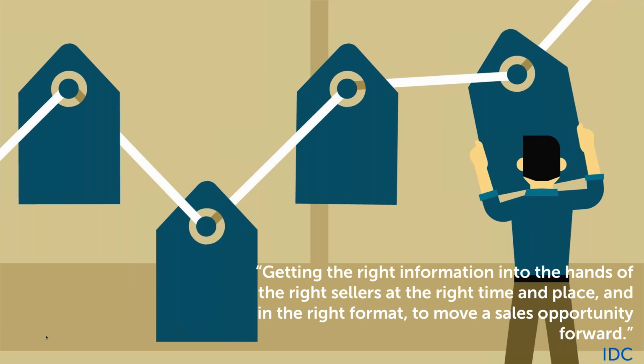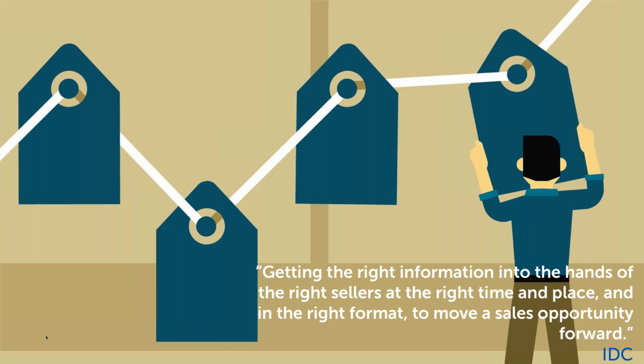And if we look at IDC research, they define it as getting the right information into the hands of the right sellers at the right time and place and in the right format to move a sales opportunity forward. So I think the bottom line is everybody agrees that sales enablement is required to retool and provide our sales teams with the collateral, with the content, with the training, with the coaching and the guidance that they're going to need to be successful. So let's narrow that down now into specific objectives.